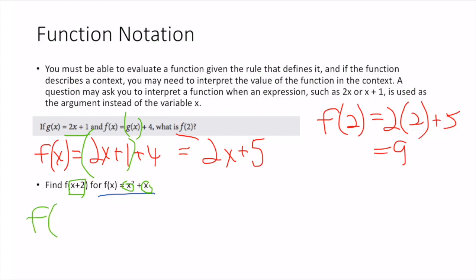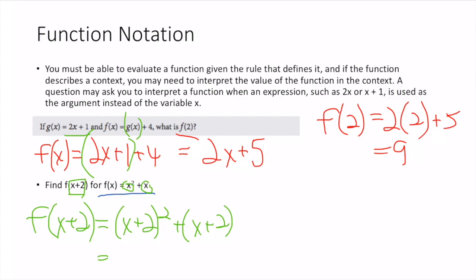So f at x plus 2 equals x plus 2 squared now, plus x plus 2. I just replaced the x's that were by themselves with x plus 2.